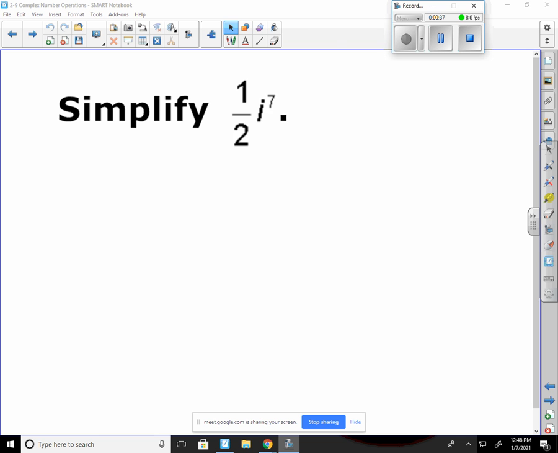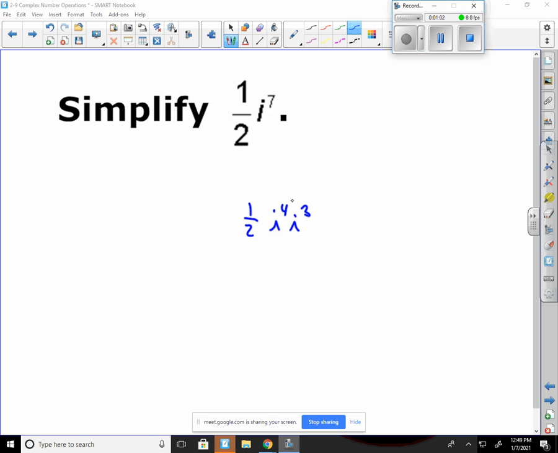Okay, so if we remember from yesterday, when it's above i to the fourth, we want to break it down to where we find a multiple of 4 that's smaller than 7. So we would have 1/2, and then it's i to the fourth times i to the third, because we add our exponents to get 7.